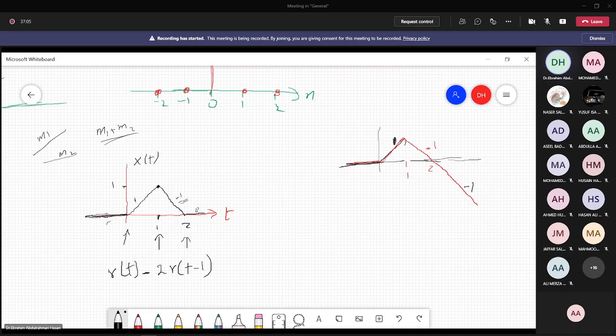If you add a line at 2 with a slope equal to 1, then after 2 the equivalent is 1 minus 1, which is equal to 0. So I get something like this: slope equal to 0, a horizontal line. So then here I add a +1 ramp at t minus 2.